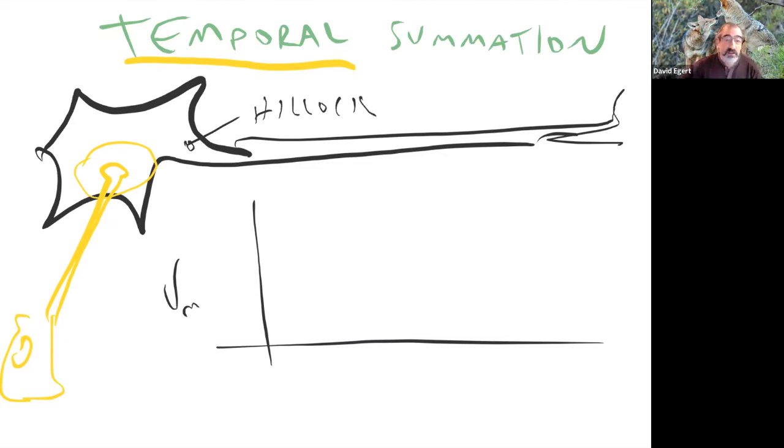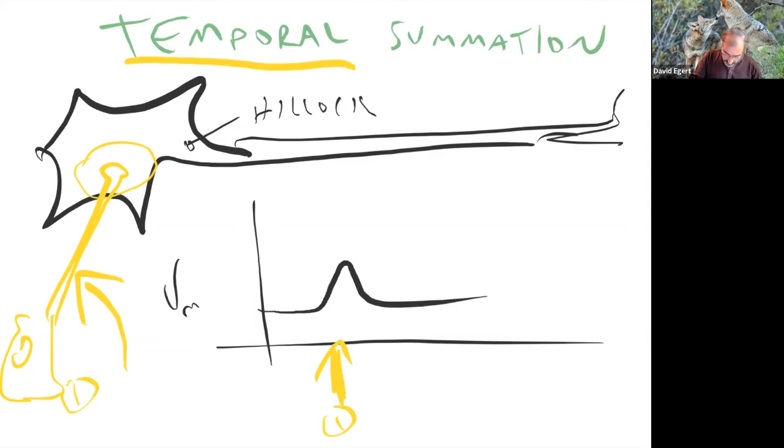Anyway, so temporal summation. If just this yellow neuron fires off, like we've been saying, there's going to be some change in my cell membrane as I puff my neurotransmitter on there and open some channels. And if I hit it again, I'll get another little blip.